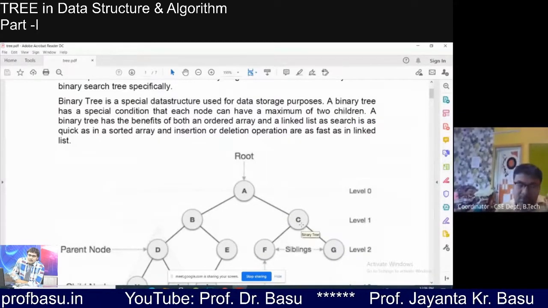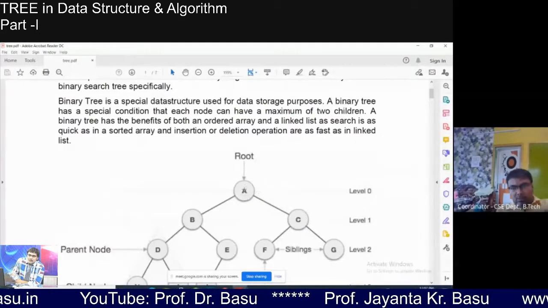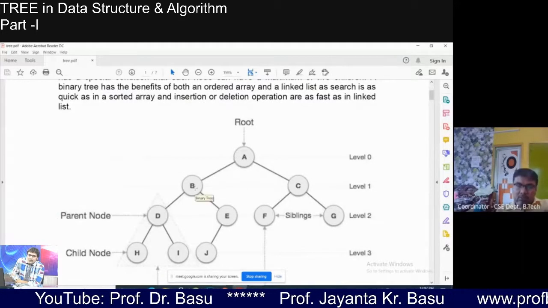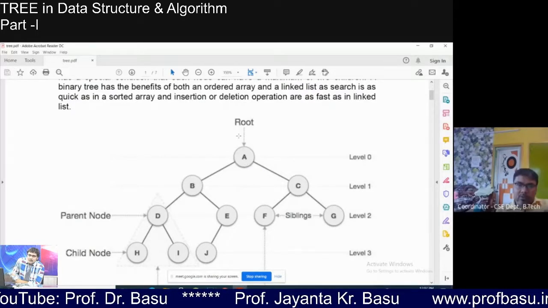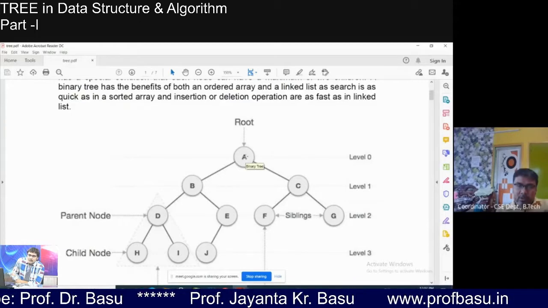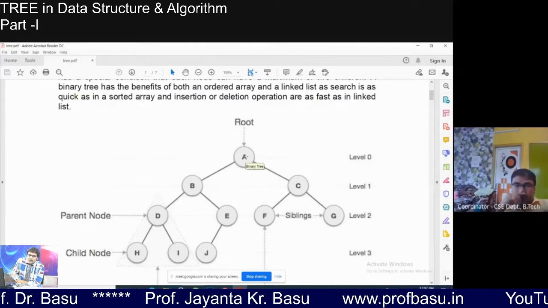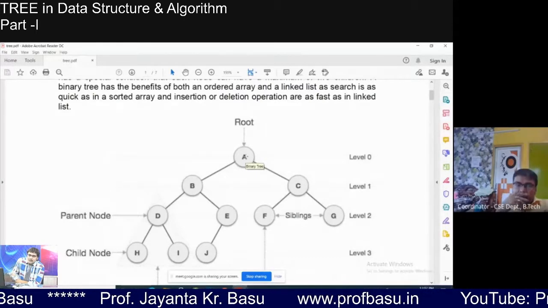We designate the nodes with a number, a digit or an alphabet, right? So this is the starting point of the tree. The starting point of a tree is generally what we call the root of a tree.